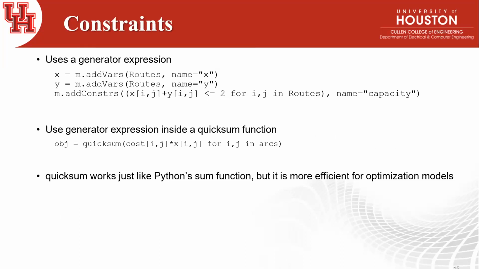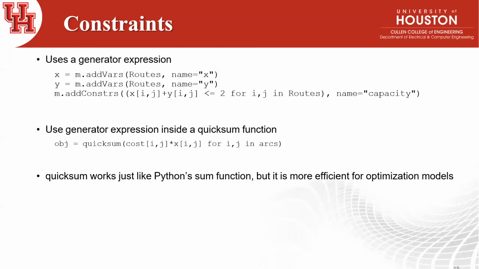We can also use this in constraints, not only in addVars. So we can add constraints by using math expressions and the lists we mentioned before. You can see with this line, for all i,j in routes, we add a constraint.